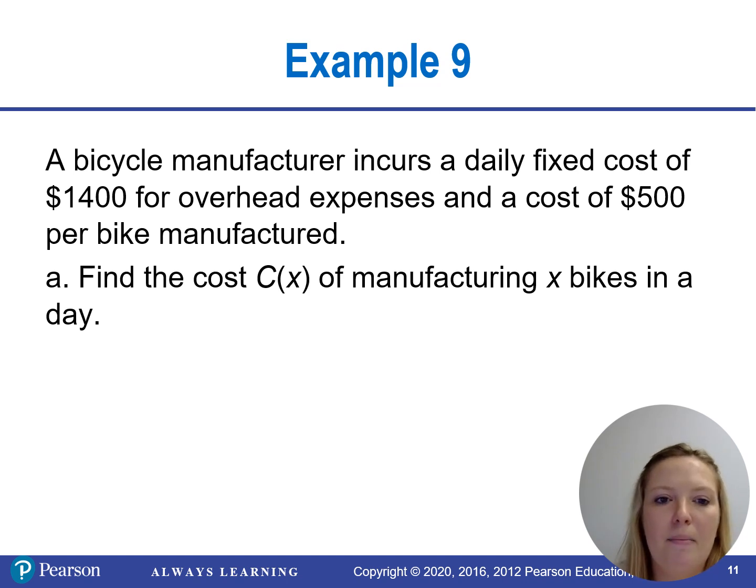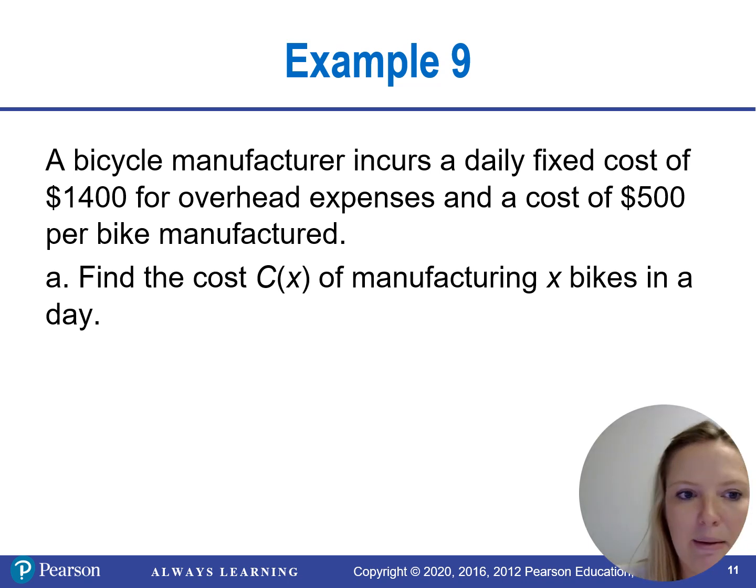Okay, let's take a look at this example where we have a bicycle manufacturer incurring a daily fixed cost of $1,400 for overhead expenses and a cost of $500 per bike manufactured. So the cost C of x is our function of the daily cost for this bike manufacturer for manufacturing x bikes per day.